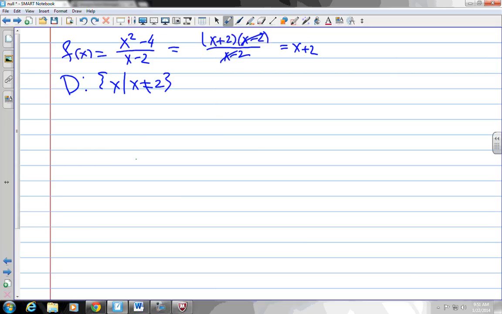The graph of this function is a straight line with a hole in it. Yeah, the graph of this function is the graph of x plus 2. The y-intercept is 2, the slope is 1. Only here, this point right here, the (2, 4) point, is removed. There is a hole in it. So that's how you puncture a hole in a graph.